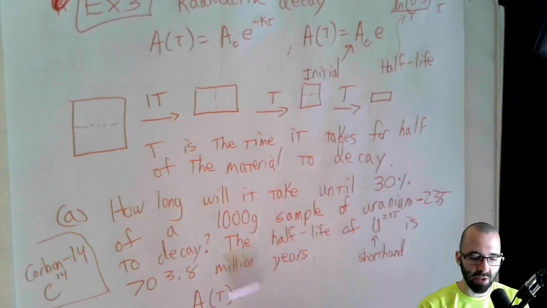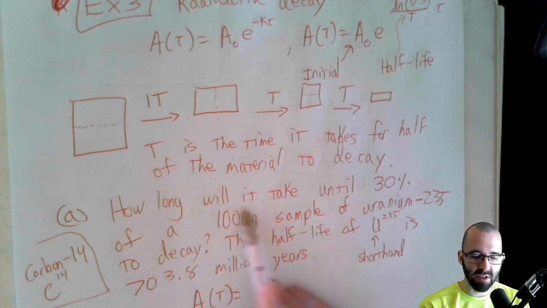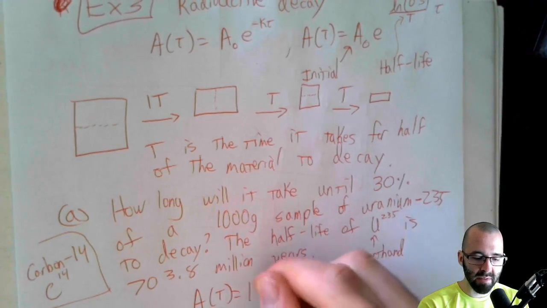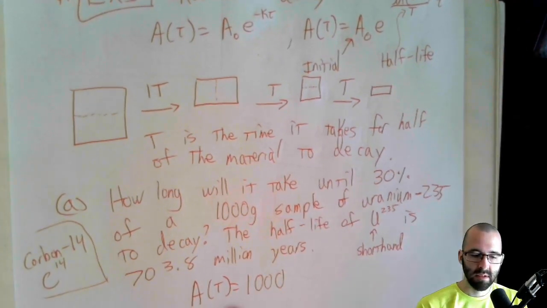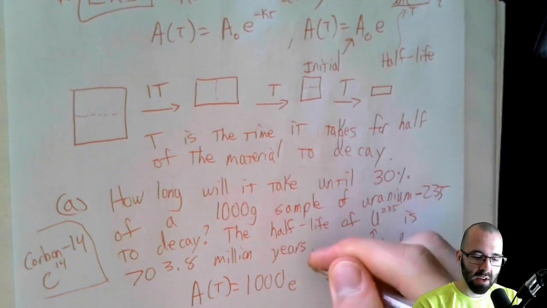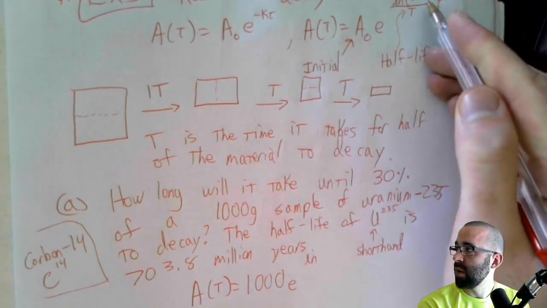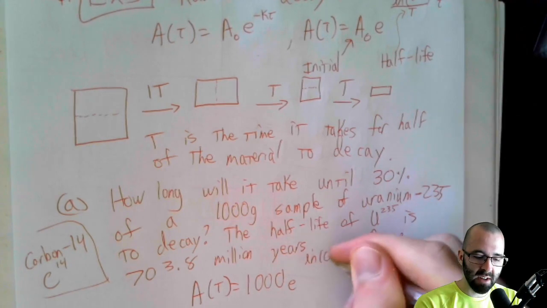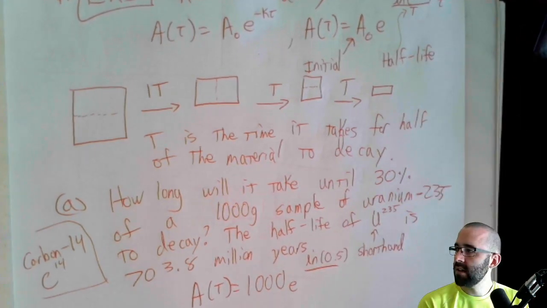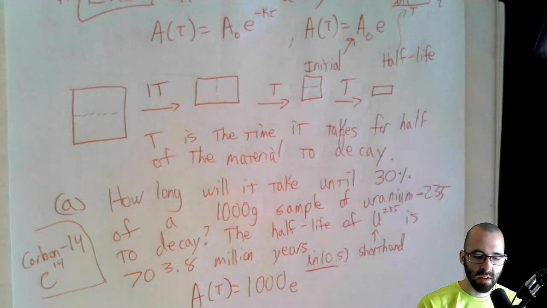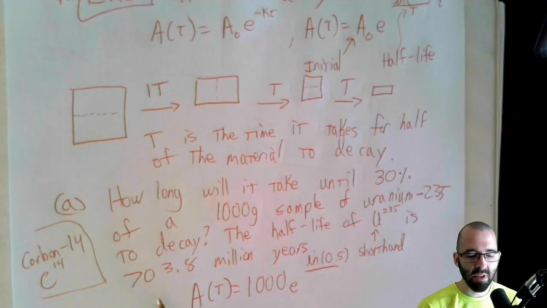This is our initial amount, 1,000 grams, 1 kilogram. Times e raised to the natural log of 0.5. You can't see it, but it's there. Divided by T, our half-life. The half-life is 703.8 million years.